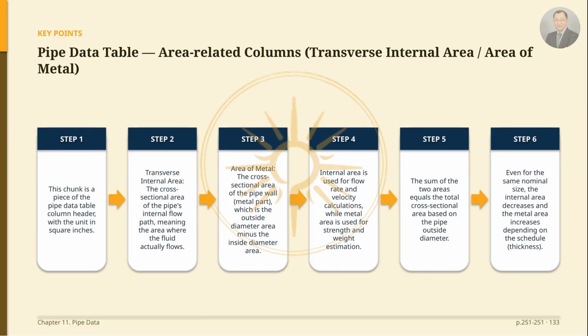This area is used to determine the strength of the pipe, or its weight per unit length. Adding these two areas together gives the total cross-sectional area based on the outside diameter. Please keep in mind that for the same nominal pipe size, if the schedule, meaning the wall thickness, changes, the internal area decreases and the metal area increases.